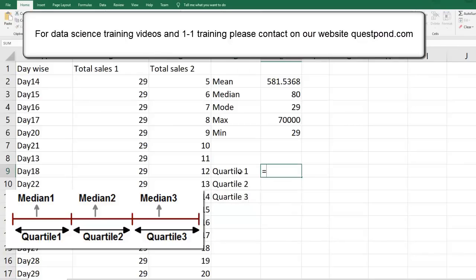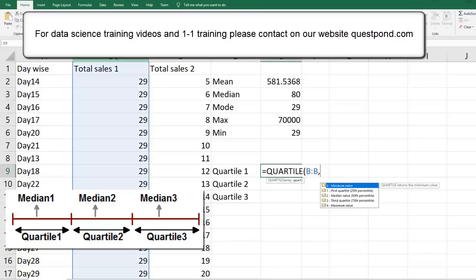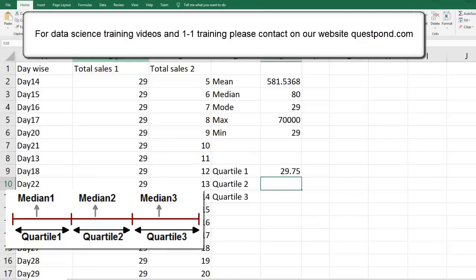To find a quartile, we have this formula, and from this data set I want to find the first quartile. This first quartile has taken your data set and divided it into 3 sections. So the first quartile is the median value of the first part of your divided data set, right? Then we have the second quartile.